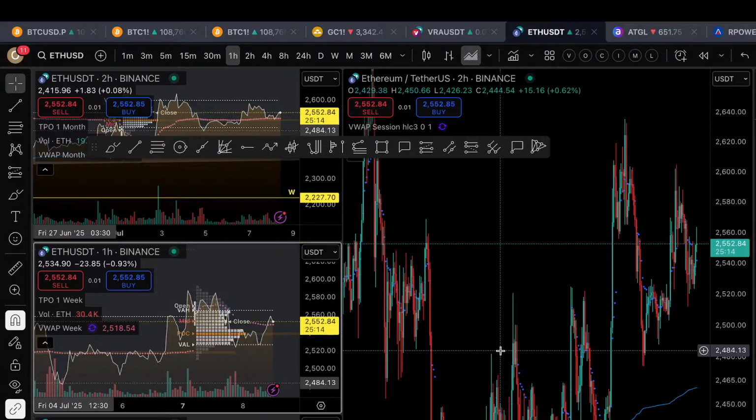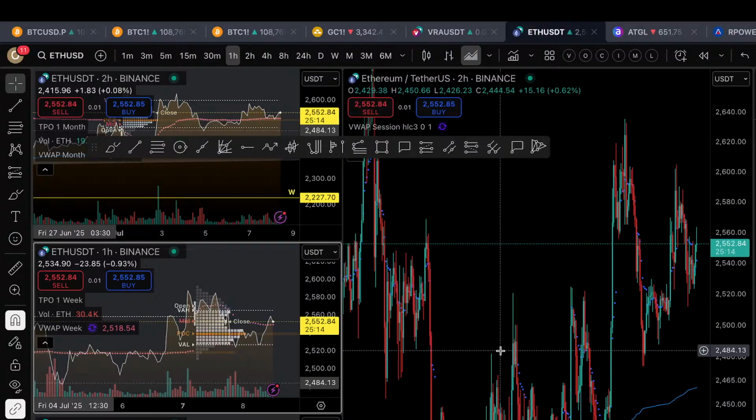Okay. What could happen is that we can form something like this. Reject from here, go down like this, finish it up, and then move like this, because we also have a good resistance here.